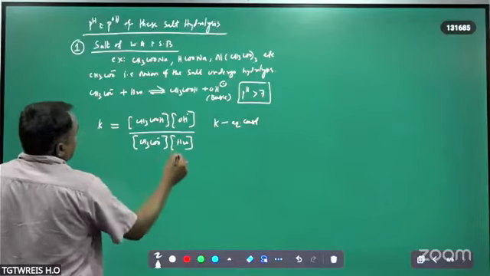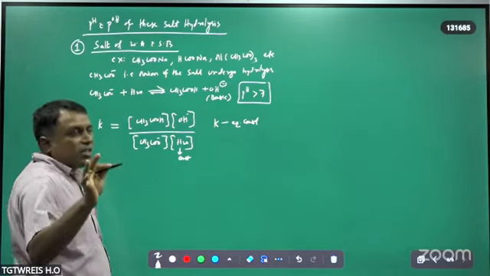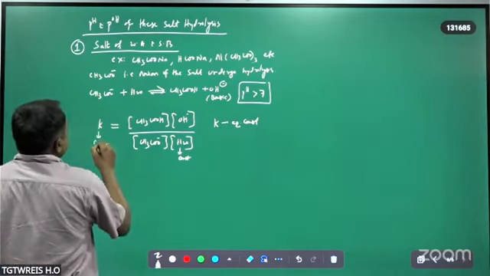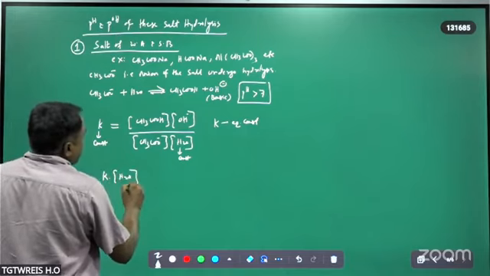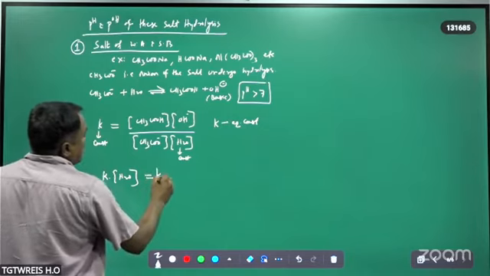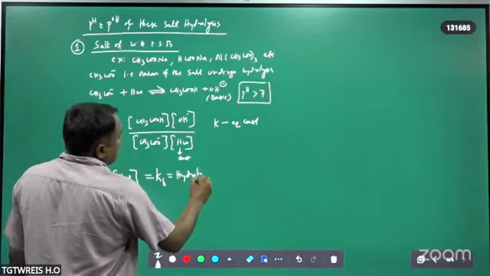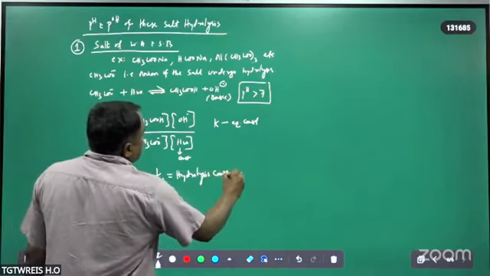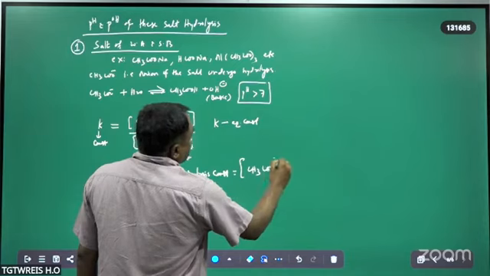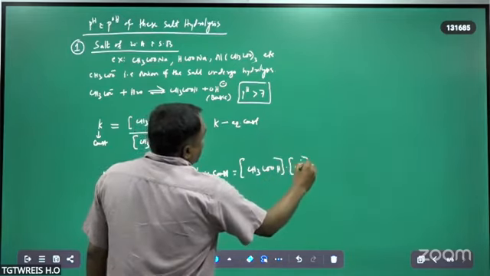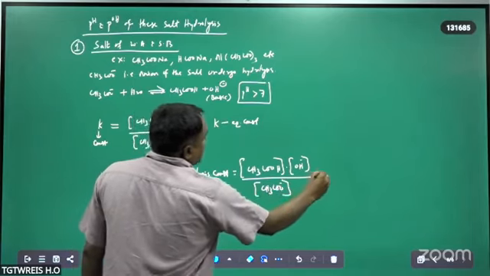The molar concentration of water is constant at constant temperature. Therefore, K into the concentration of water is another constant, that is Kh, the salt hydrolysis constant. It is equal to CH3COOH into OH minus divided by CH3COO minus. This is equation number 1.